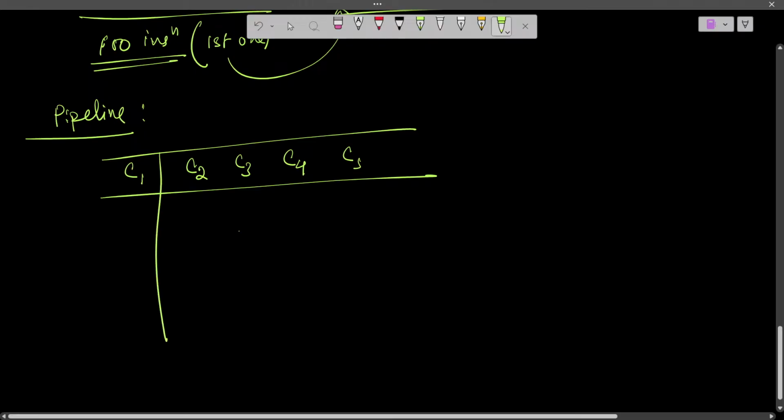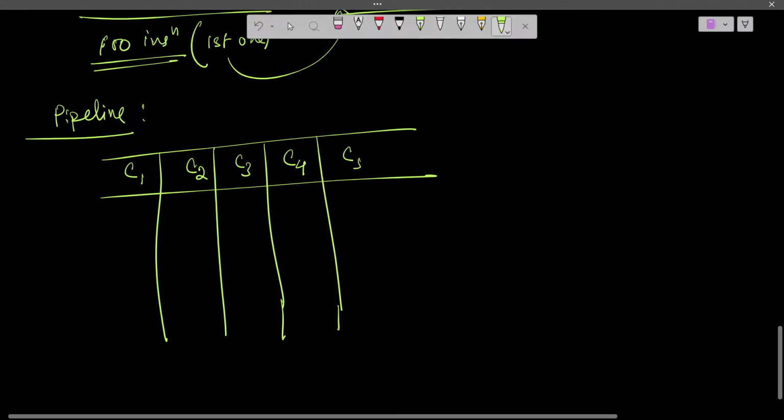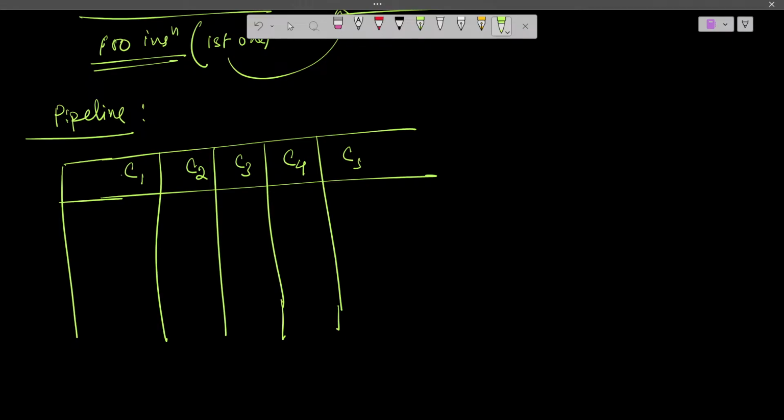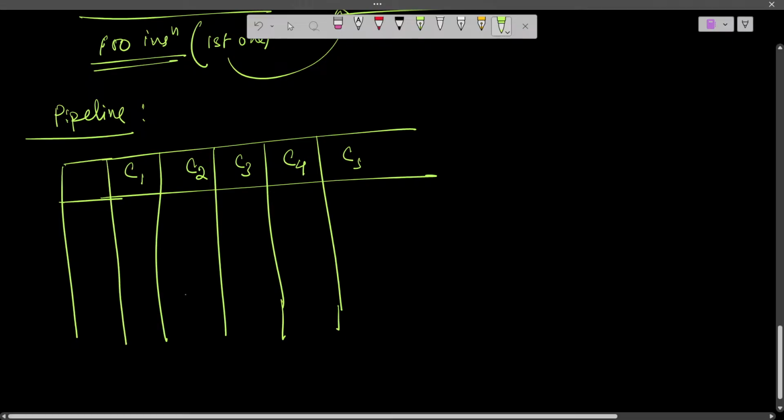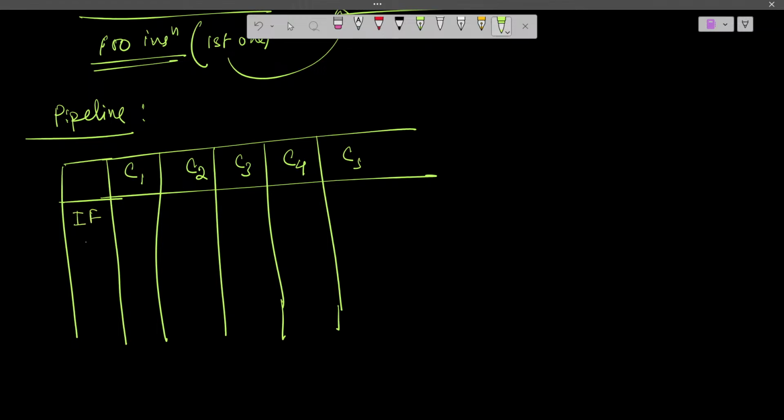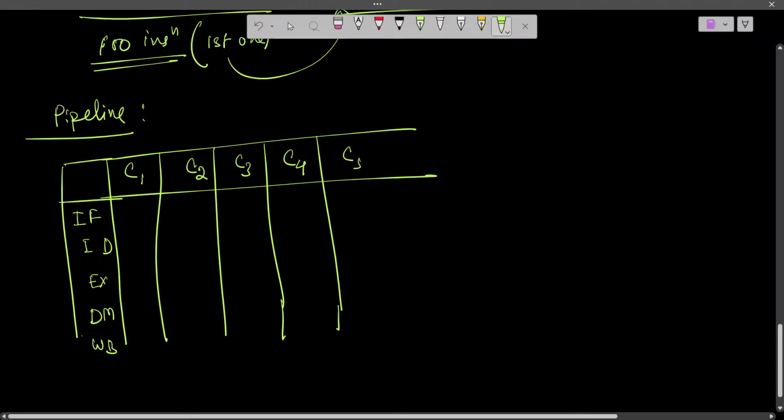I'm trying to visualize a 5-stage pipeline. Let's say we have 3 instructions. First, let me draw the stages. So stages are fetch, decode, execute, then memory, and write back. These are the pipeline stages.